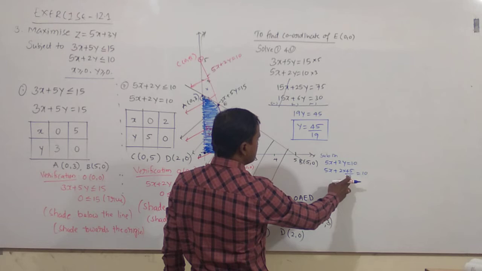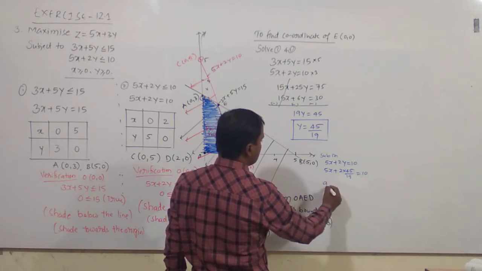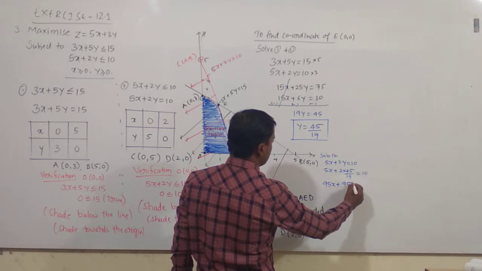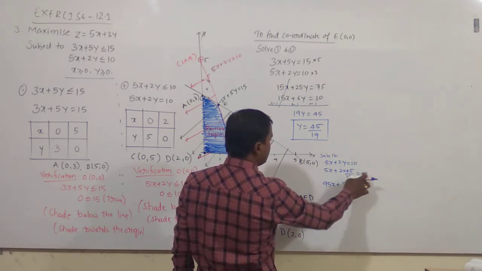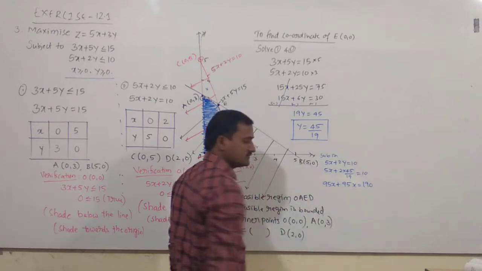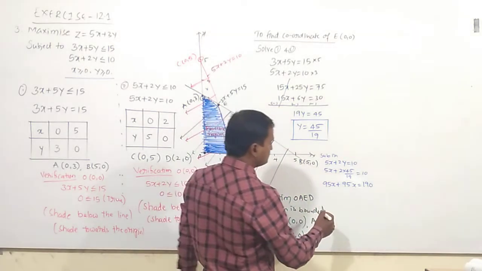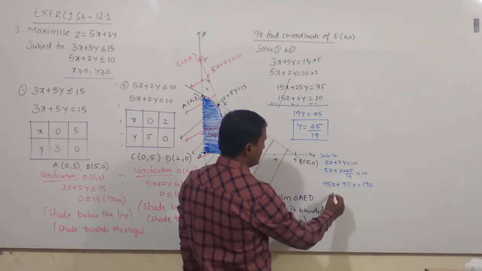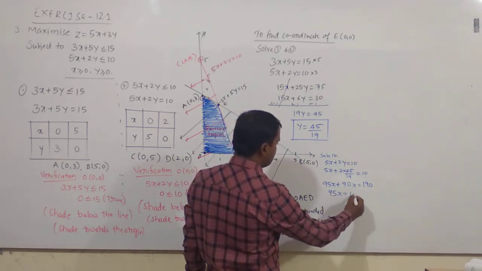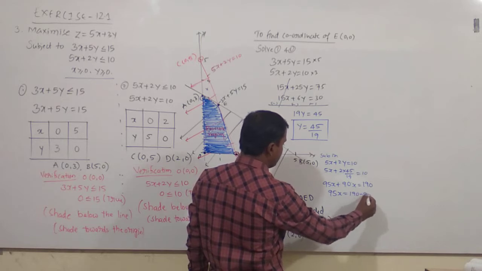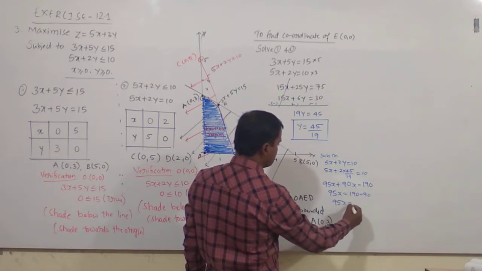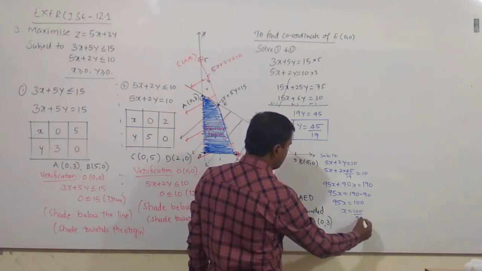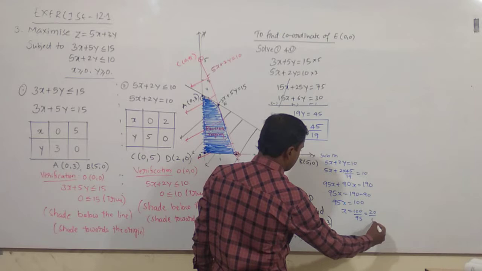So multiplying by 19, 95x plus 90 is equal to 190. Sorry, here it is 90 only. So 95x is equal to 190 minus 90. 95x is equal to 100. x equal to 100 divided by 95.